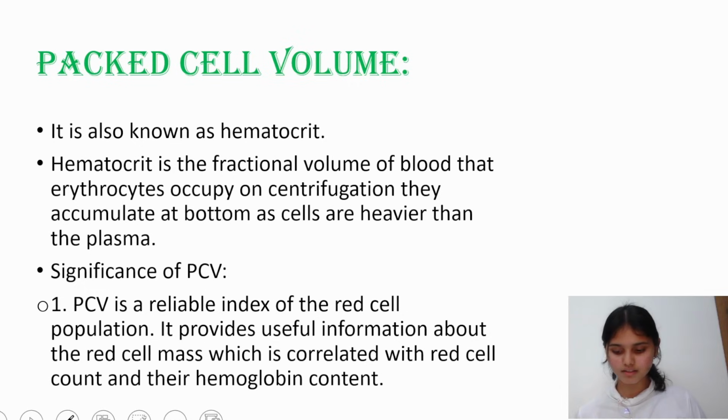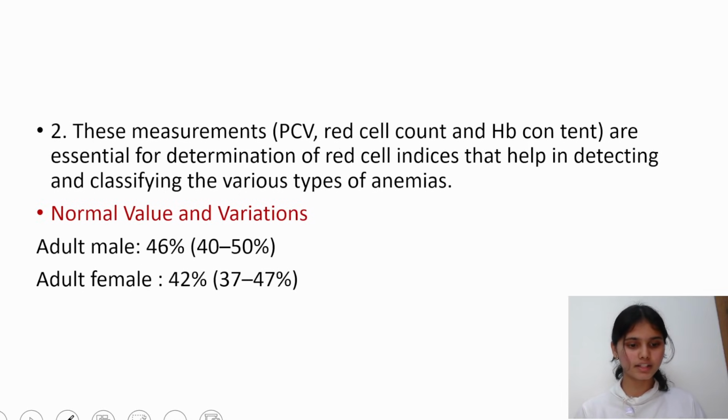So accordingly, it is a reliable index. Now these measurements, that is PCV, the red cell count and the Hb content, are essential for the determination of red cell indices that help in determining and classifying the various types of anemias.